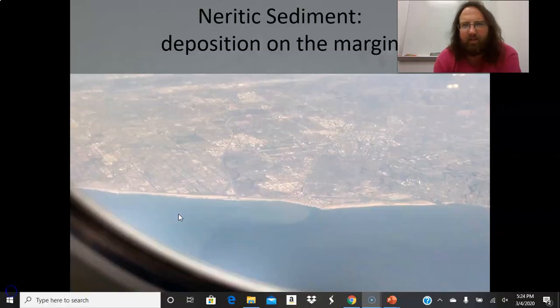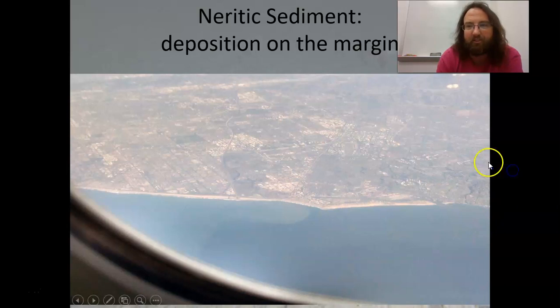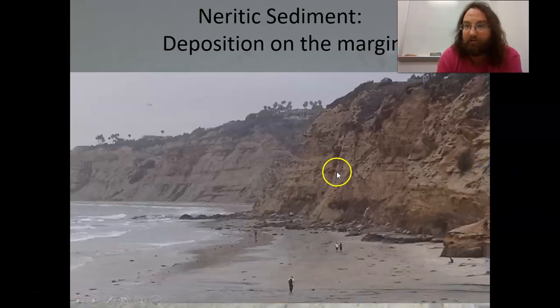All right. All these sediments deposited on the margin, we call neritic sediment. Here's a river mouth, the Santa Ana River discharging sediment. You can also get wind deposition, or cliff erosion, which is also a very important source here in San Diego.